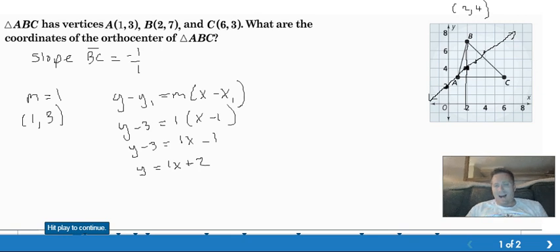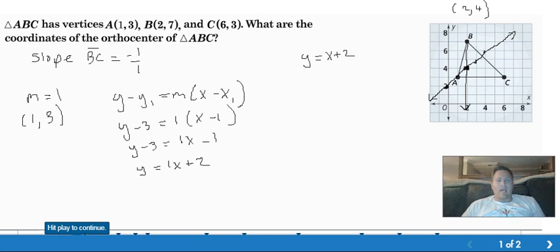Alright, but if we didn't have a graph and we knew these two equations, how could we solve looking at these equations? Let's do that really quickly. We have one line right here, which is y equals x plus 2. And we have this other line right here, which is a straight vertical line.